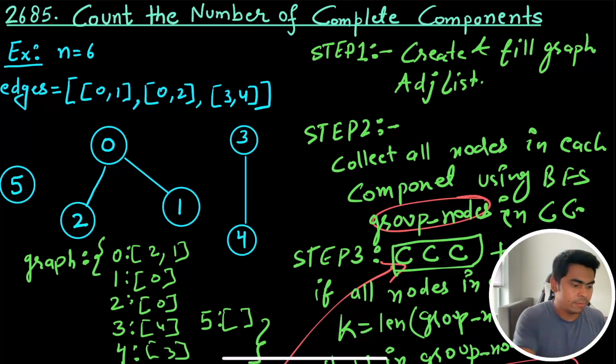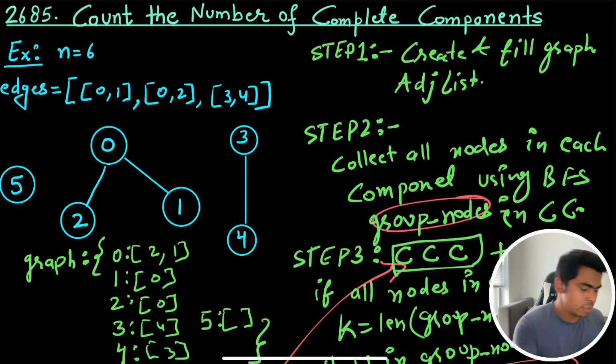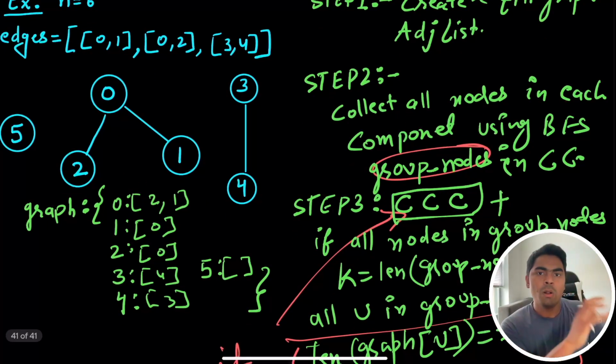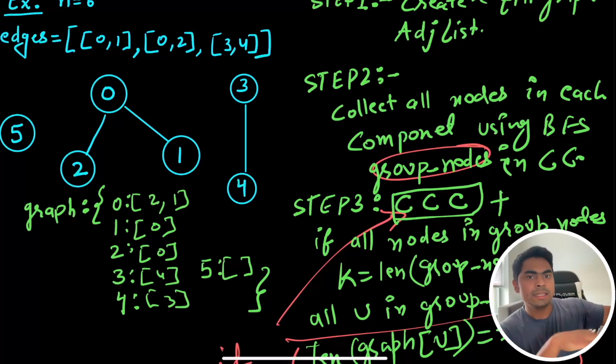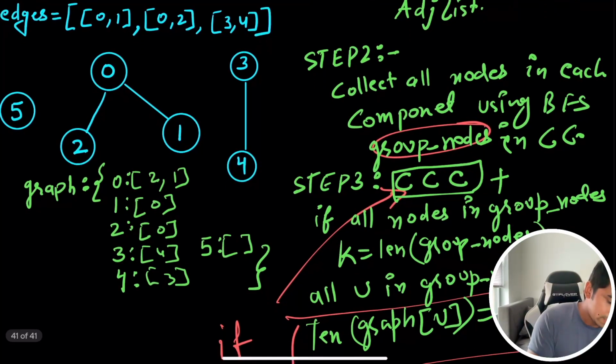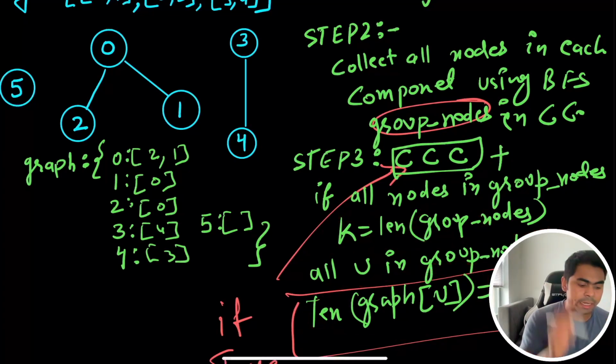And once we are done with that, then we will be going over all the nodes in that group, to check if the neighbors list of all these nodes in my graph, of all the nodes that this group gives me, their length is equal to K minus 1.